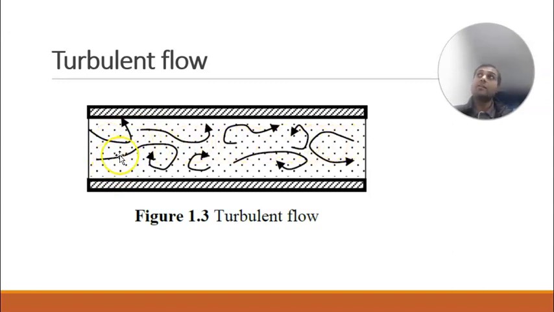You can see these layers are not flowing in laminar fashion, they are in haphazard different directions, and hence they will cause energy losses, because every particle that moves from left to right carries kinetic energy, potential energy, and internal energy. But as soon as it moves in a random direction, when the other particle or layer comes and collides, it will lose its energy, and the energy at the outlet will be a lot lower than the energy at the inlet.